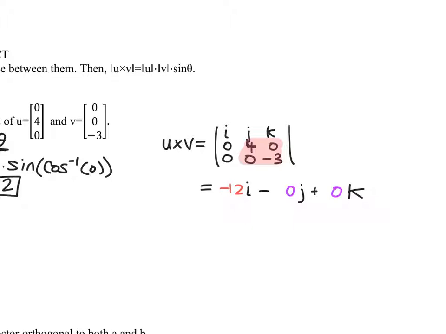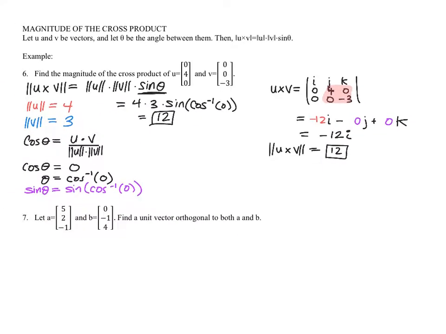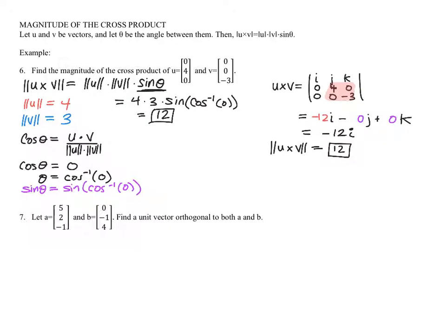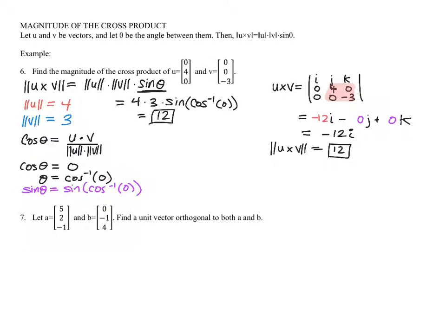All right, so this boils down very nicely to just a negative 12i, the magnitude of which, you do the work, but it's just going to be equal to 12, so you'd get it that way too. So a little bit simpler, sure, but not always.